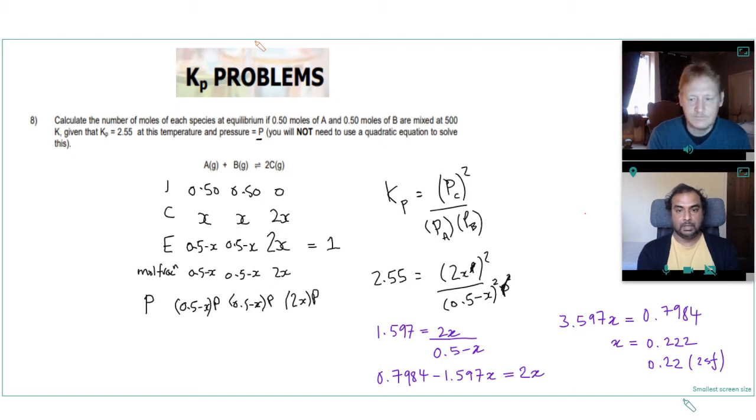Yeah. So at equilibrium, it's simply given by these expressions. So I'll just write that out here again. At equilibrium, this one is 0.5 minus 0.22. This one is also 0.5 minus 0.22. That's just 2 times 0.22.